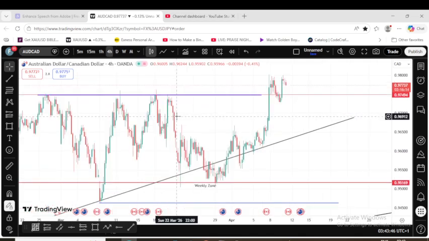So what do I see here? I can see impulsive, correctional, followed by impulsive, followed by correctional, which is now followed by a new impulsive. So I can enter this trade like this. I can directly enter from this current point here.